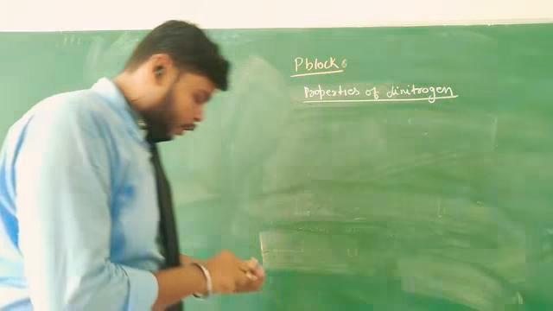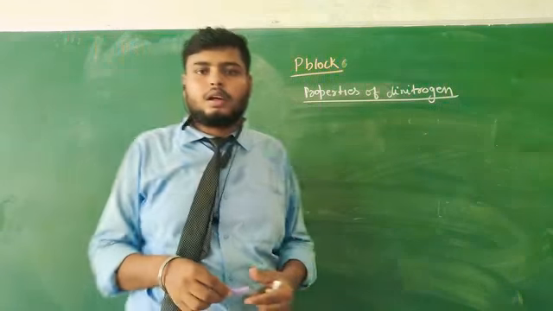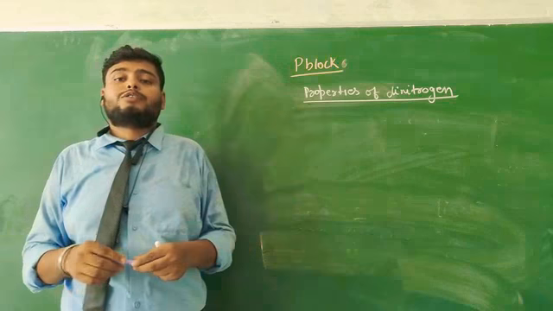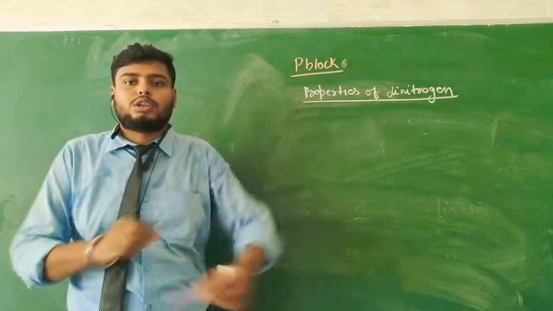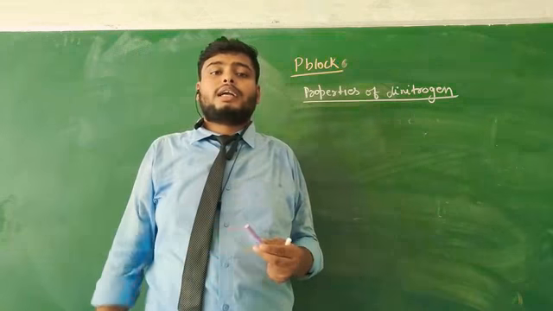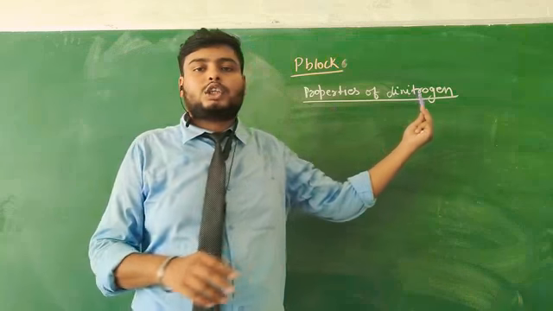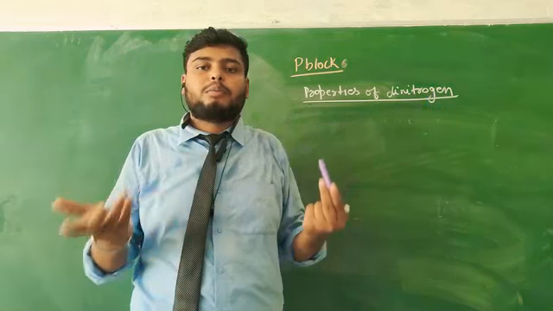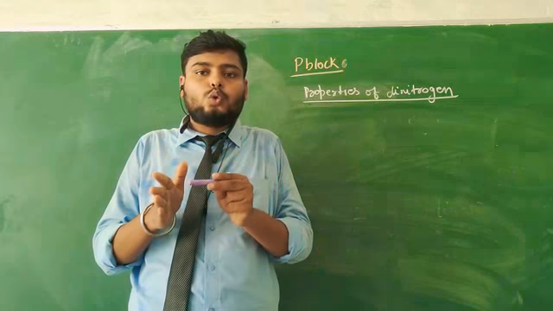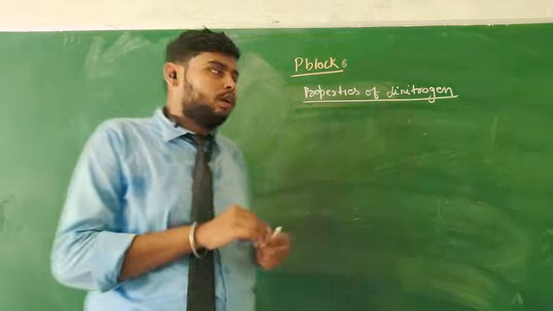Now we are talking about the combinations also. We know that ammonia gets formed in the Haber process. Haber's process is directly about combination. If N2 and H2 get combined, that will form NH3. N2 means dinitrogen.